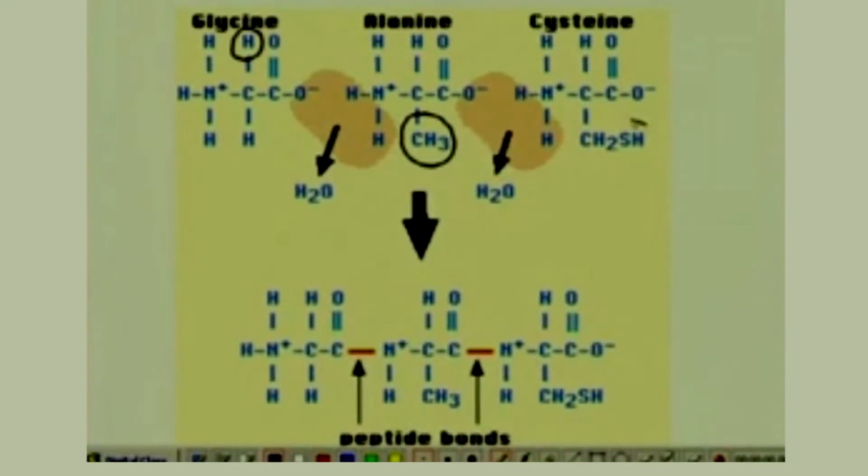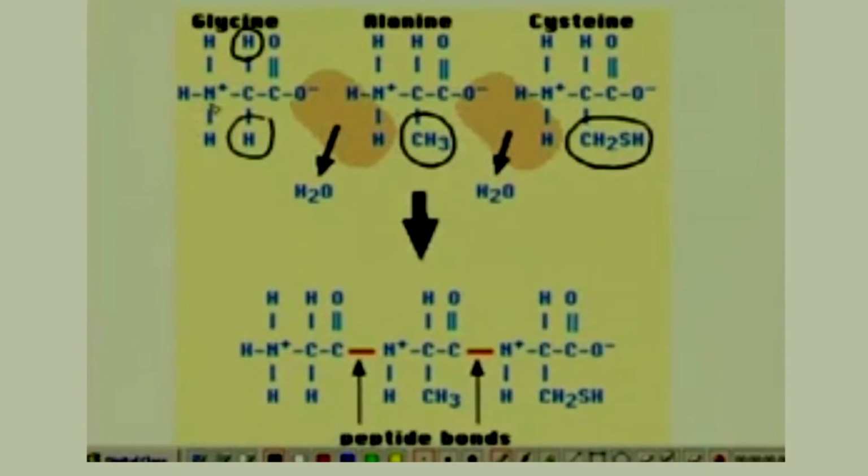In cysteine, we have an R group that is CH2SH. For glycine we actually cannot distinguish which is the R group, because the hydrogen is present and the hydrogen is also the side chain.